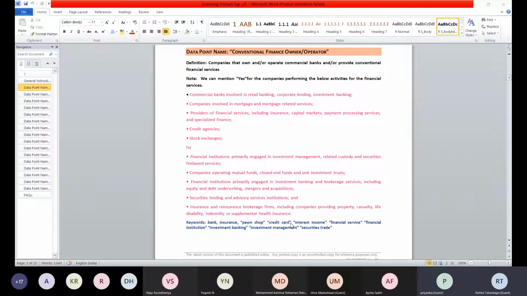But if you are just getting the keyword credit card, and they have not said that they are providing this facility, you are just getting the hit for credit card or interest income, in that case you have to mark no. It should be related to your context, then only you can mark yes. If it is not related to that data point, you have to mark no.